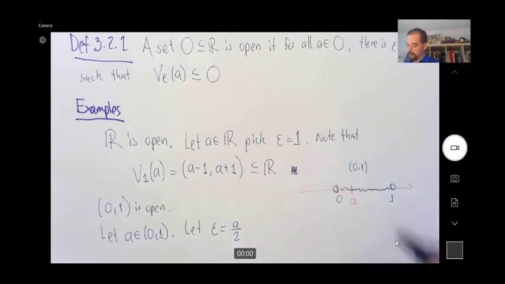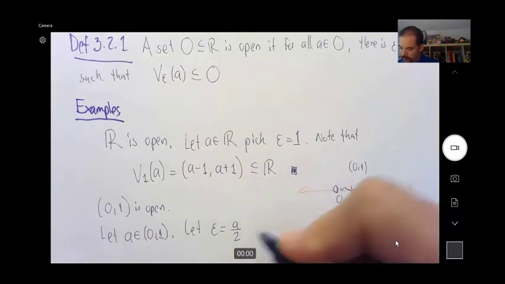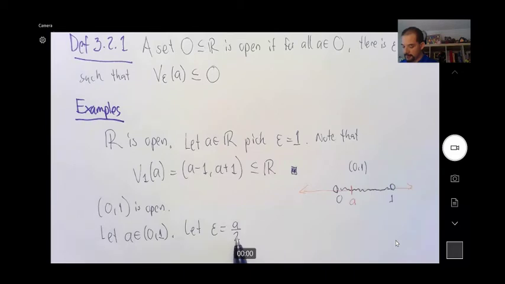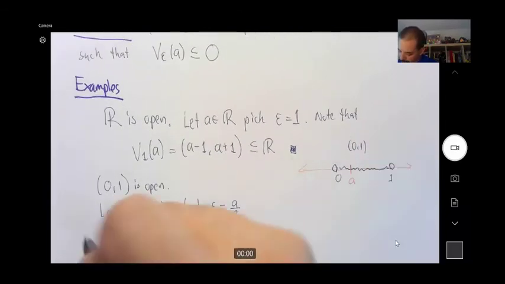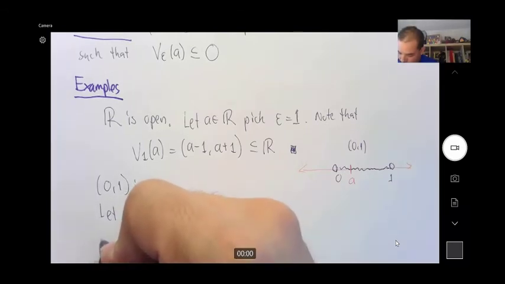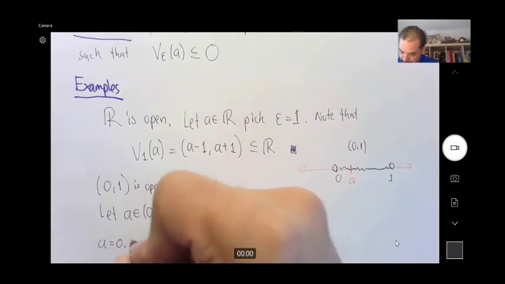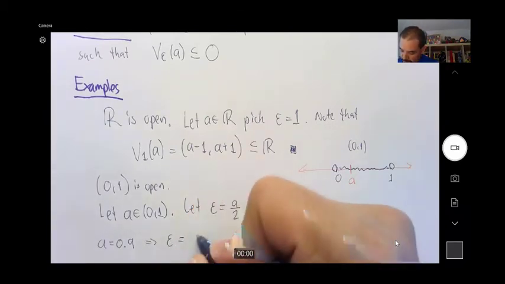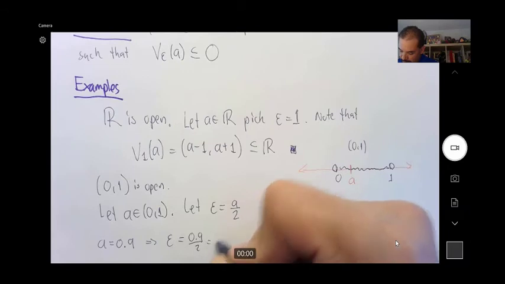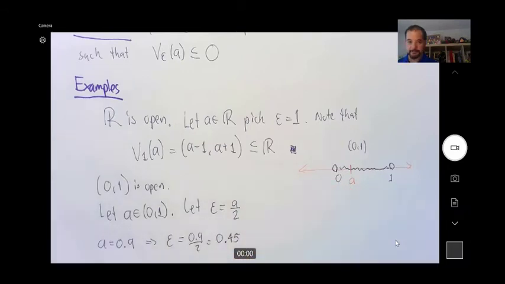Oh, well, let's see if it works. You want to show that the neighborhood centered at A is inside the interval 0, 1. Before I try the proof in general, let me try an example. What if A is 0.9? Then the epsilon you told me would be 0.9 divided by 2, which is 0.45, right?